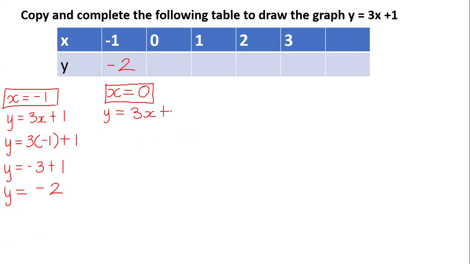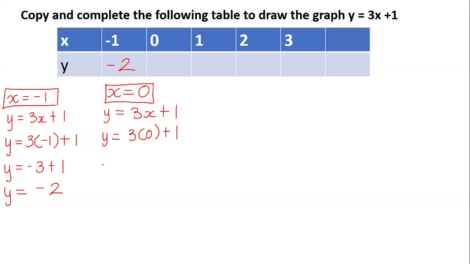Class, wherever we see x, we put 0. So it's going to be y is equal to 3, open bracket, 0, close that, plus 1.